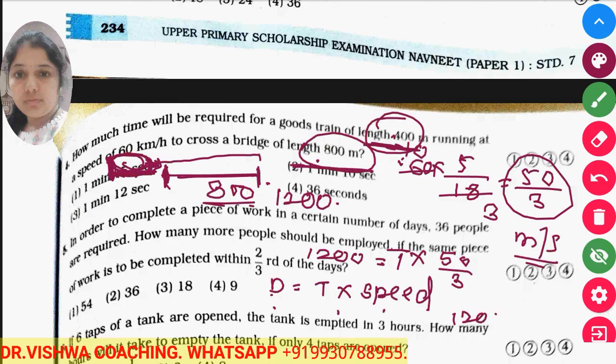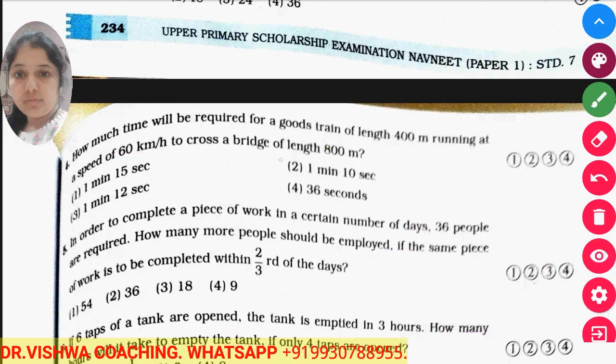So it becomes 1200 divided by 50 upon 3 is equal to T, meaning time. This 3 will go to the numerator, and 50 into 24 makes 1200, so 24 multiplied by 3 is equal to 72 seconds.